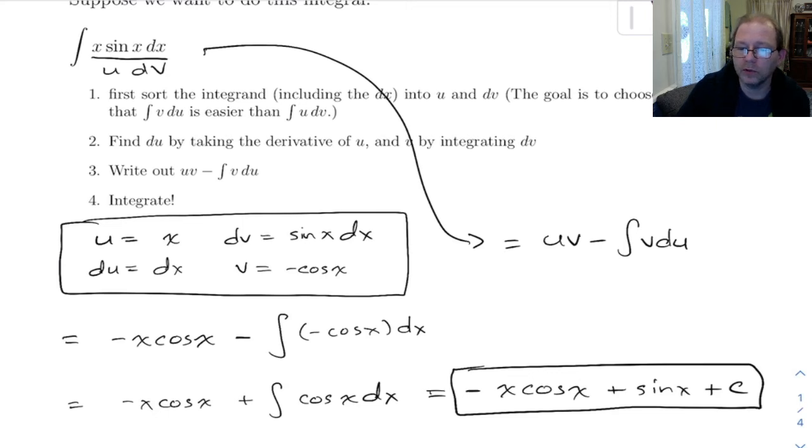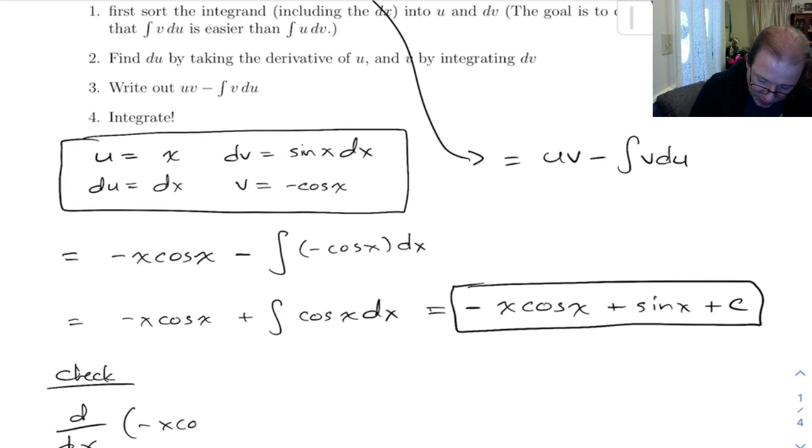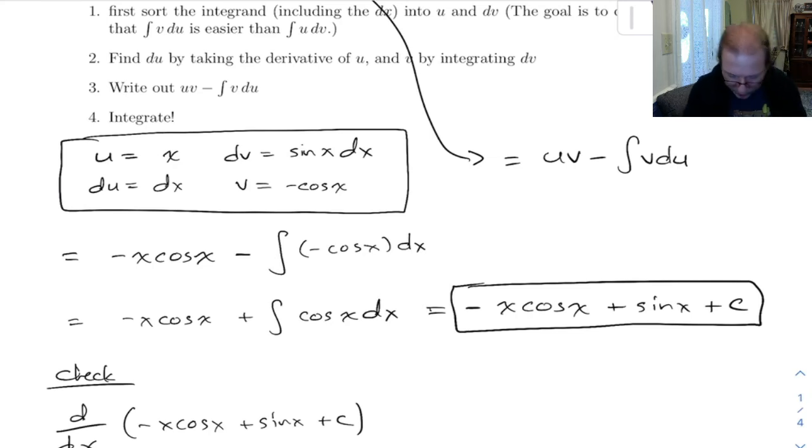Now, if you want to, after you've done this you can check the answer. Let's check it by taking the derivative of minus x cosine x plus sine x plus c. Notice we've got to use the product rule in this first bit.